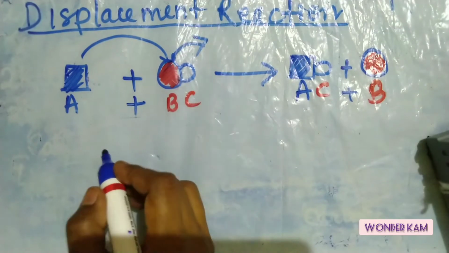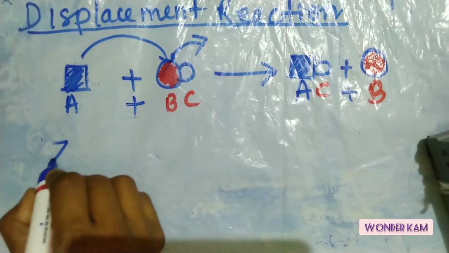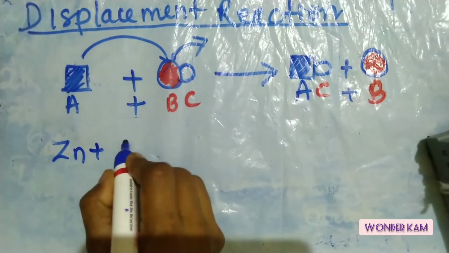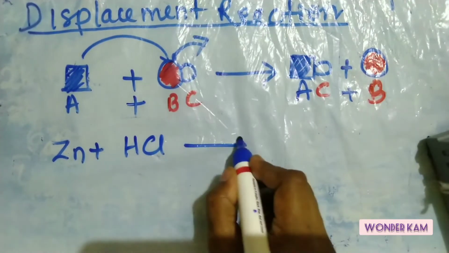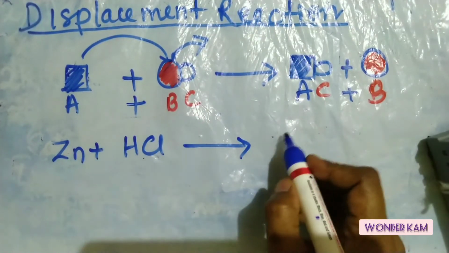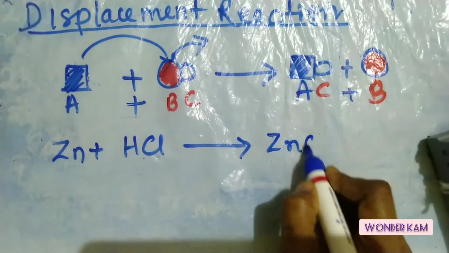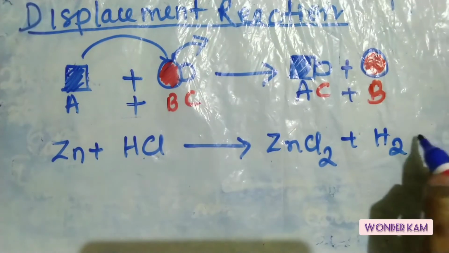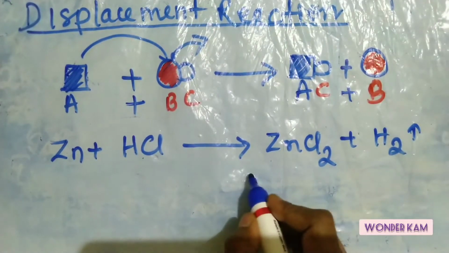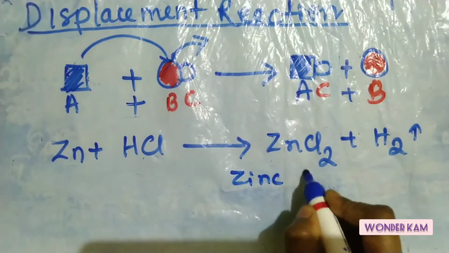Another displacement reaction is when metallic zinc reacts with HCl. Zinc will replace the hydrogen, so we will get zinc chloride plus hydrogen gas.